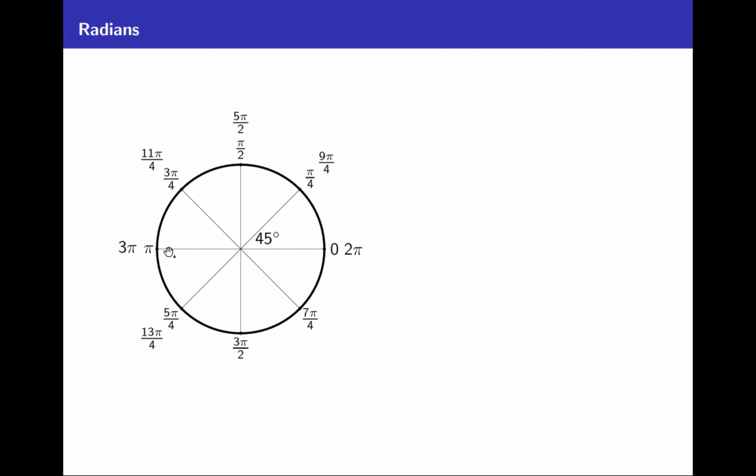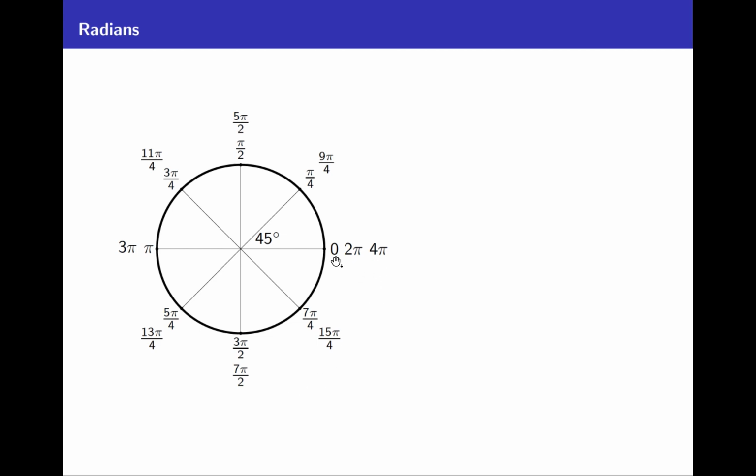Continuing your way around the unit circle, add another pi over 4, you're at 13 pi over 4. And then 14 pi over 4, which is 7 pi over 2. And then 15 times pi over 4. And then you have 16 pi over 4s, which reduces to 4 pi.